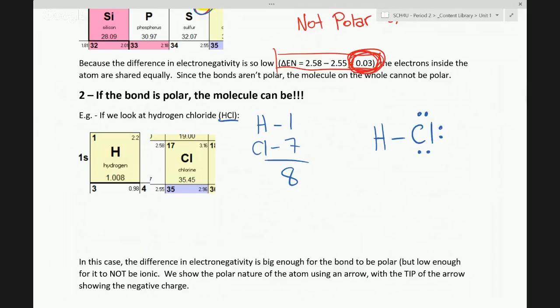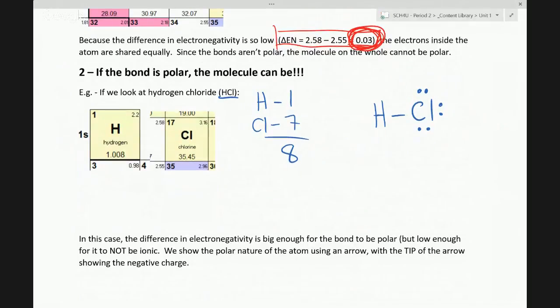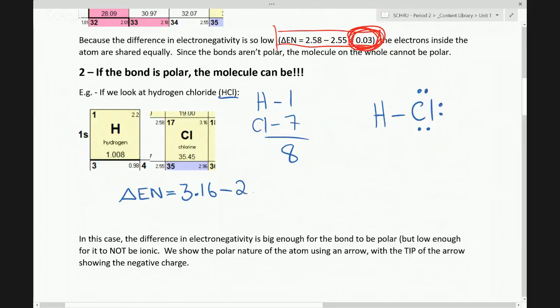So this is the Lewis diagram of hydrogen chloride. And here, if we look, the difference in electronegativity is equal to chlorine's 3.16 minus 2.2 for hydrogen.